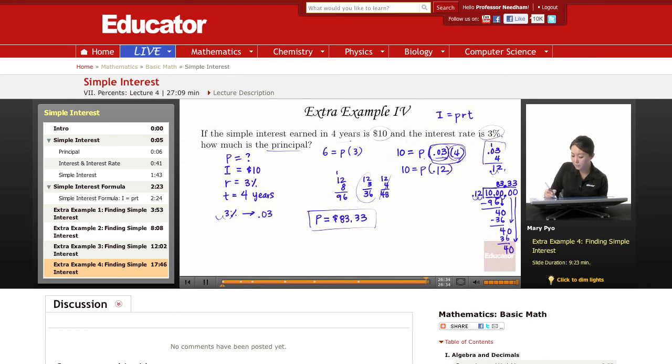You just divide it. When you divide it, make sure you move the decimal point over twice. Bring it up, divide it, and you end up getting $83.33. So that's the principal. That's how much was deposited to make $10 with a 3% interest over 4 years. Okay, that's how much was put into the bank.